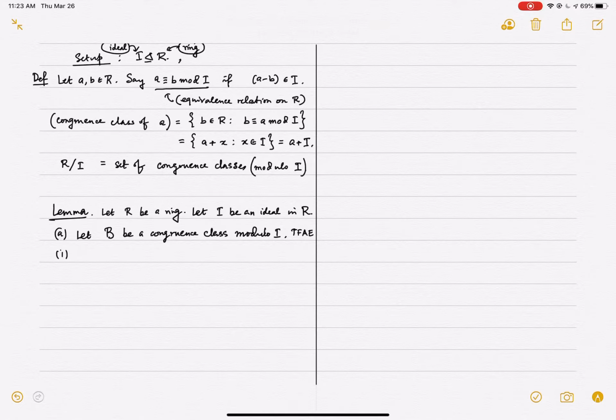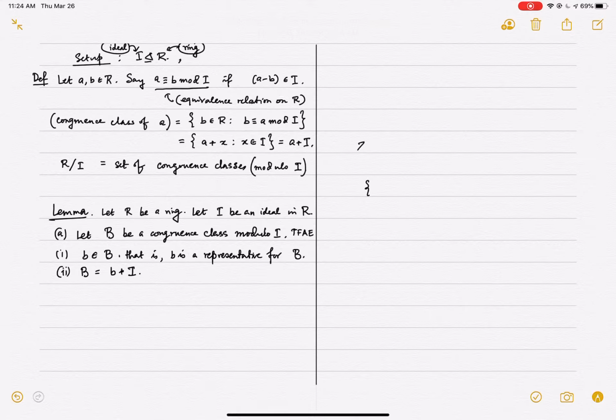One, that b is in B, and two, that capital B is b plus I. So b in B means, in words, we say that little b is a representative for the class, or the coset B. What this is saying is that if you take any element of the class, you can name the class by that.